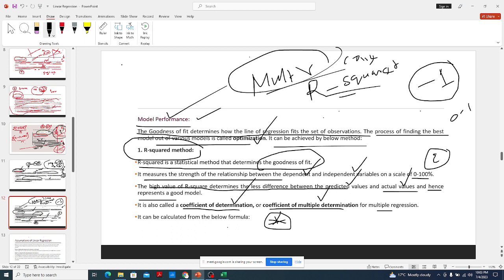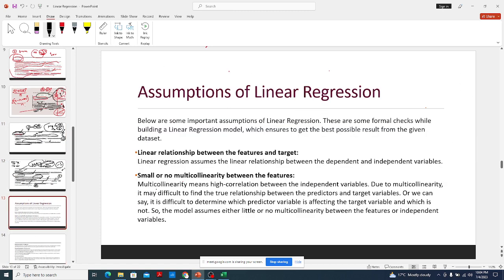For linear regression, we'll use three approaches: the linear line graph, the Analysis ToolPak, and the inbuilt Excel functions, to calculate those values for us and get the model. Tomorrow we will start on the assumptions.